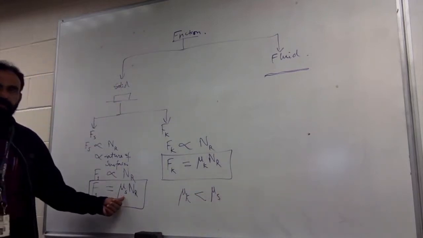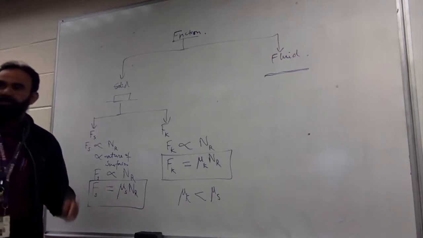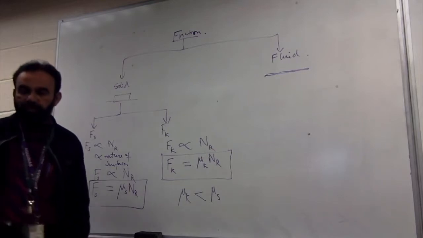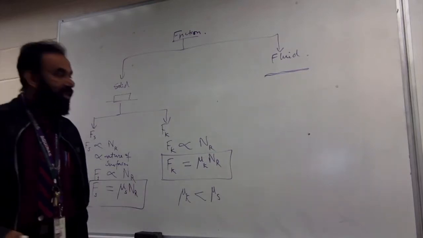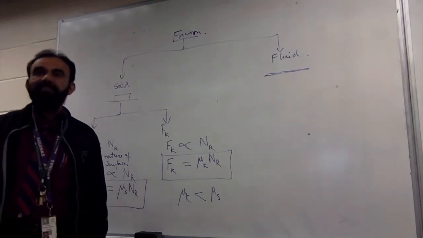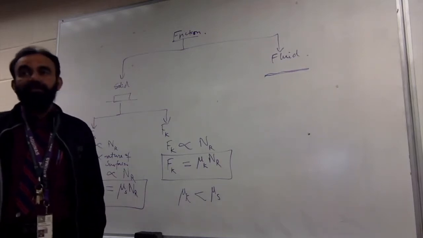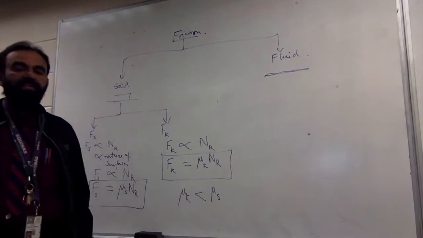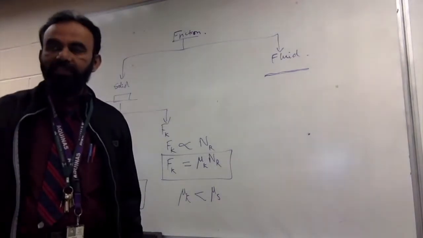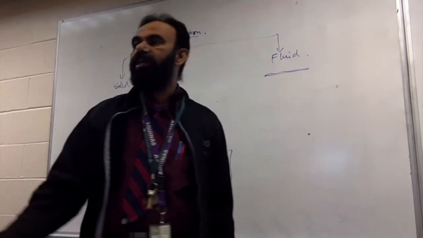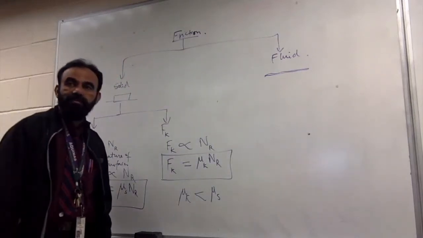So in our example for static friction, how much was the force needed to get it going? How much was the friction? 15 newtons. But after it starts slipping, if I want to maintain a constant velocity, I need to apply just 10 newtons. See? I need to apply only 10 newtons and it keeps going. That means what is the kinetic friction? It will be 10 newtons.